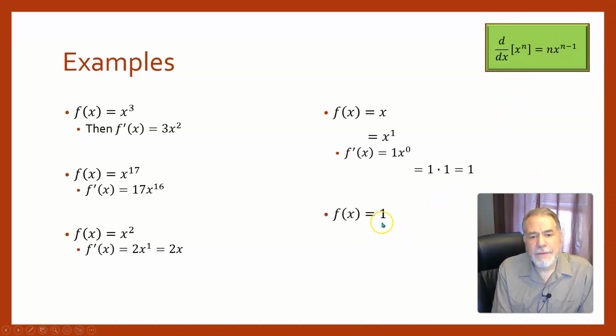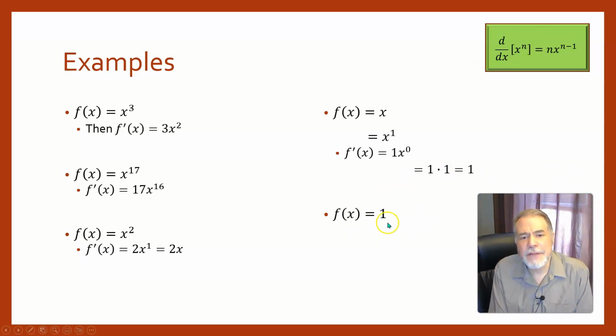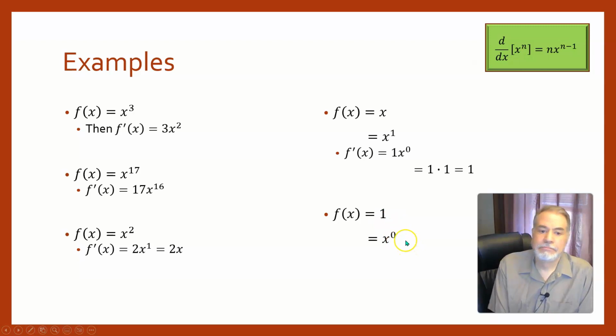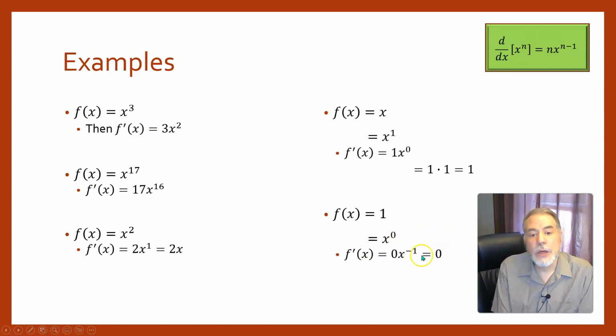Now, what about if f of x is 1? That's a constant function. We already know what the derivative of a constant function is. But suppose we think of this as x to the 0 power, and we apply the power rule to it. The derivative of x to the 0 power ought to be 0 times x to the 0 minus 1, or negative 1 power. But 0 times anything is 0.